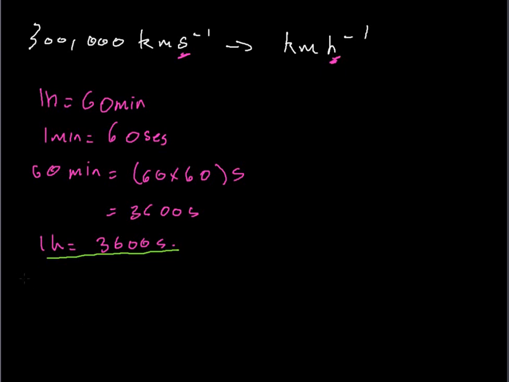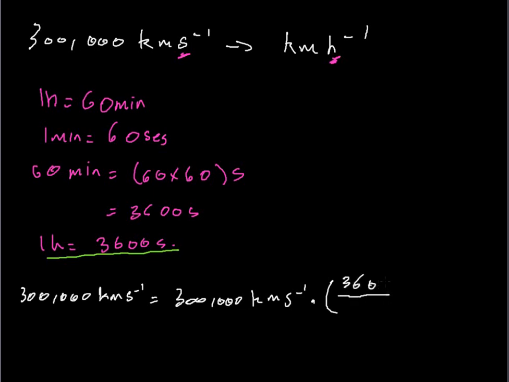We have 300,000 kilometers a second equals 300,000 kilometers a second multiplied by, now we want to write our conversion factor as a ratio, and since we want to convert our seconds to hours and our seconds are in the place of the denominator, we are going to place our seconds here in the place of the numerator. So we have 3,600 seconds at the top and we have 1 hour here at the bottom.